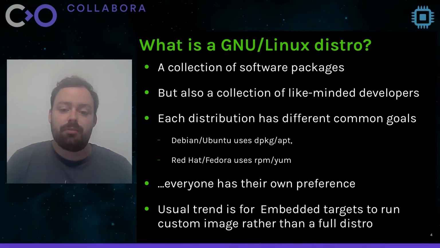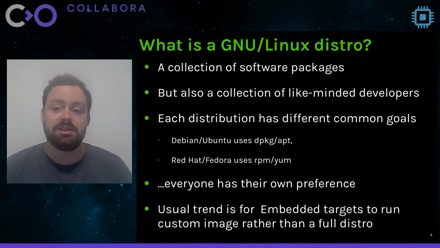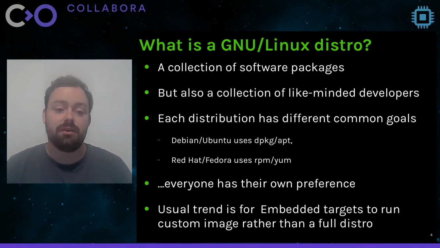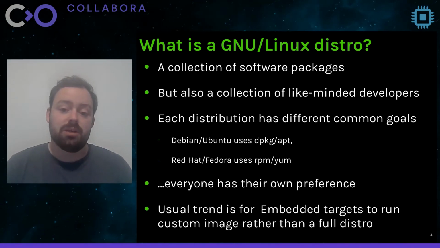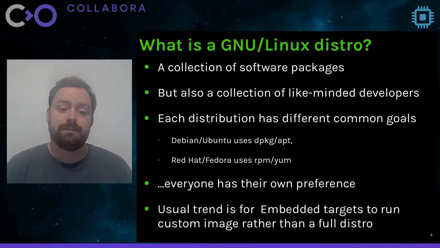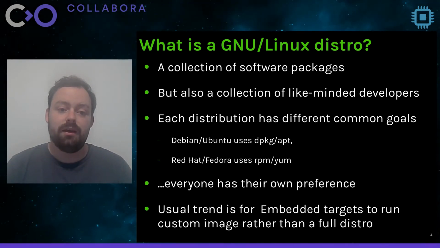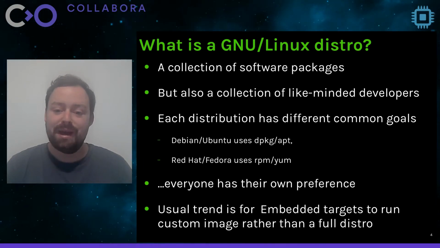My preference personally is Debian. I've been working with Debian since the 2000s, so I'm very familiar with it. But at the same time, I don't really know a lot about Red Hat or Fedora, so I would suggest asking someone else about Red Hat and Fedora, not me.